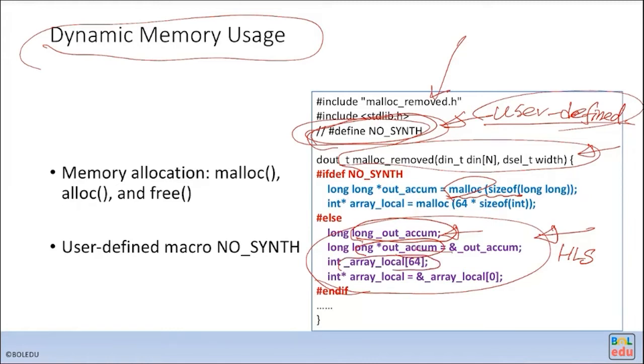You have to physically allocate the size of memory, and have the pointer point to the array. And in C simulation, malloc actually introduces the OS function.